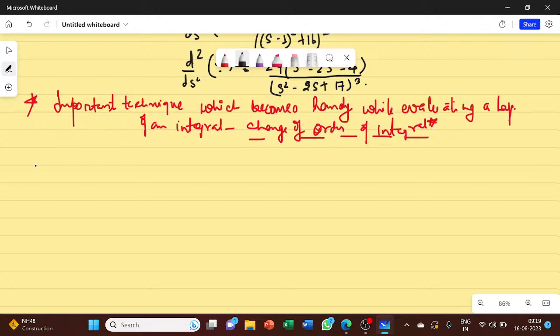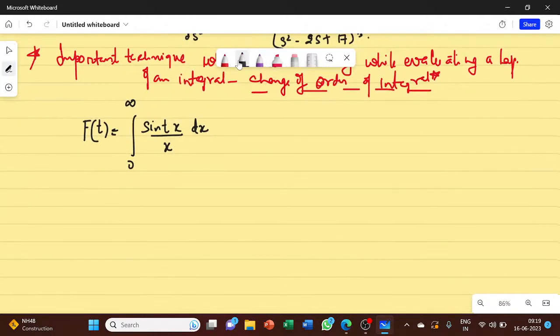Let me give you an example. Let's say I want to find the Laplace transform of this function f of t, which is given by the integration from 0 to infinity of sin tx divided by x dx. If I want to find the Laplace transform of this function, how would I do it?